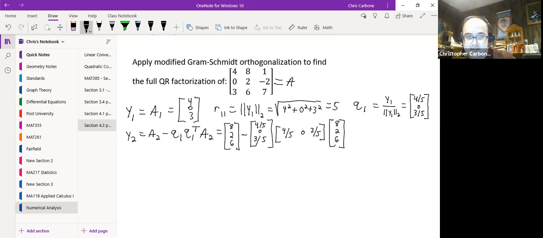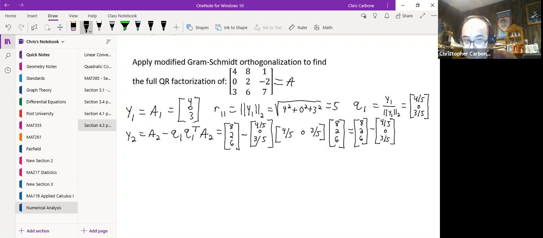We can slightly simplify this multiplication. So let me write this out very quickly. This will be 8, 2, 6 minus 4/5, 0, and 3/5 times q sub 1 transposed times a sub 2.